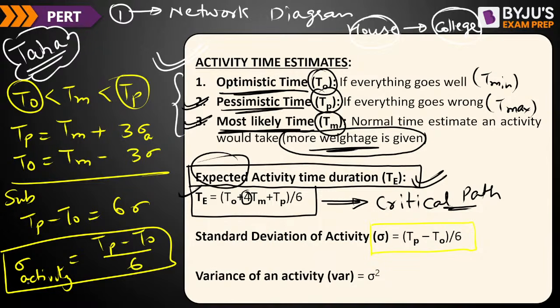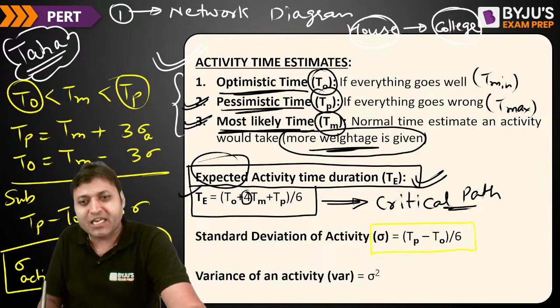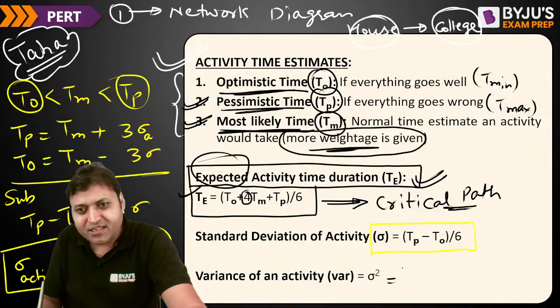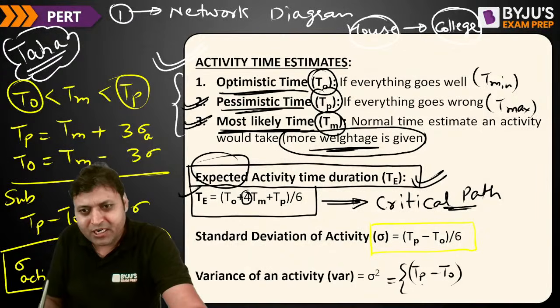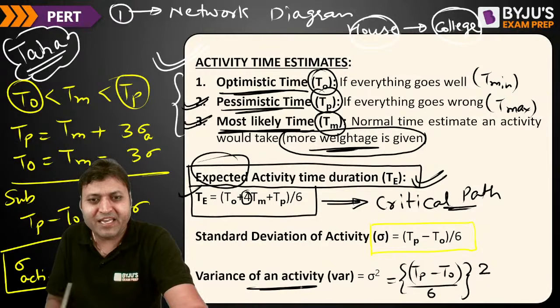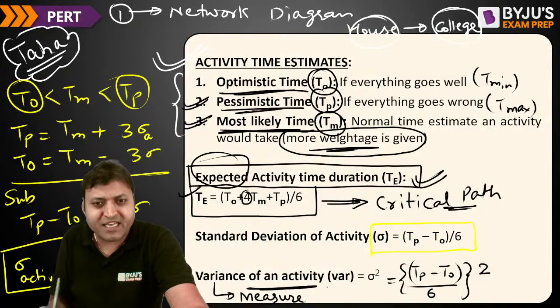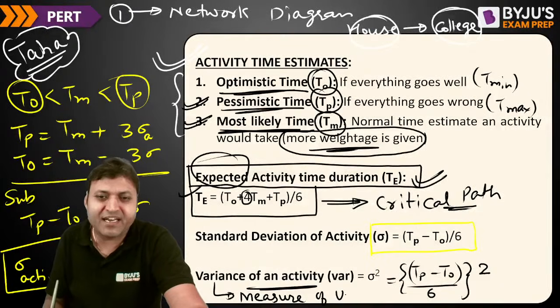After the standard deviation, we can find the variance of an activity, that is sigma square, or we can write it as ((TP minus TO) divided by 6) whole square. That is the variance of an activity. Variance represents the measure of uncertainty of an activity.